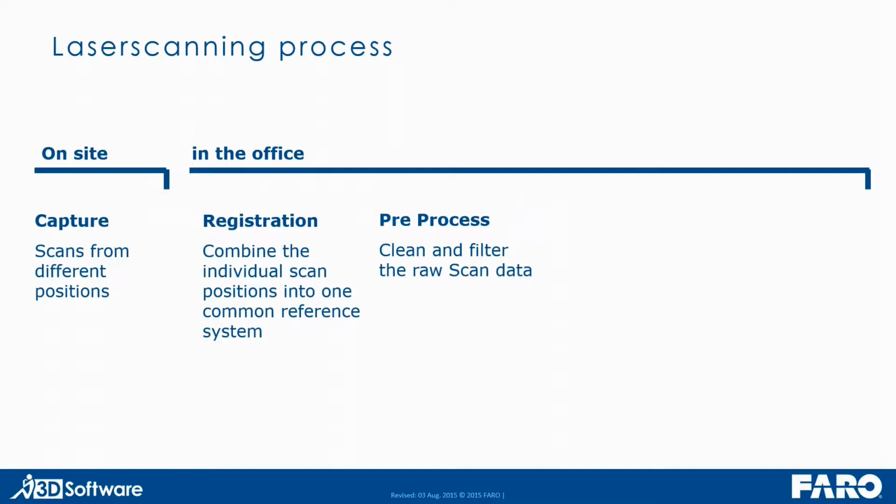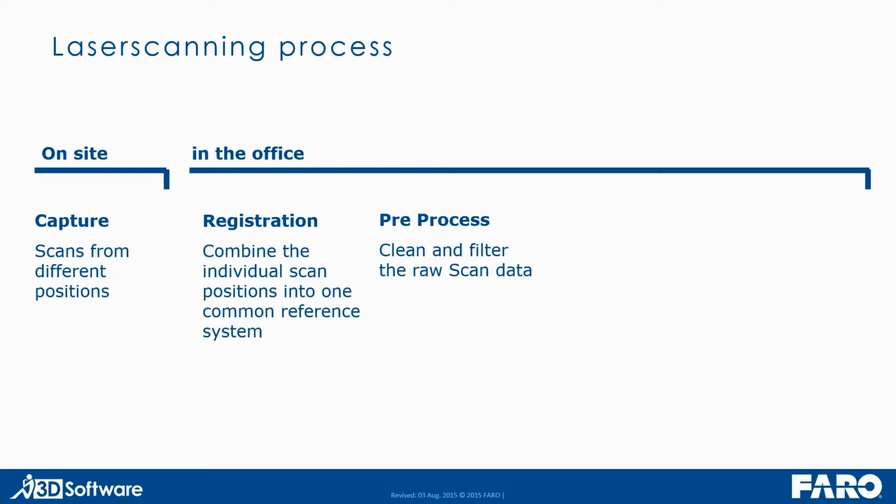First of all, to give you an idea where in the laser scanning process PointSense Heritage is placed. First of all, you capture your scans on site to scan your object from different positions. And then in the office, you will register the individual scan positions into one common reference system.